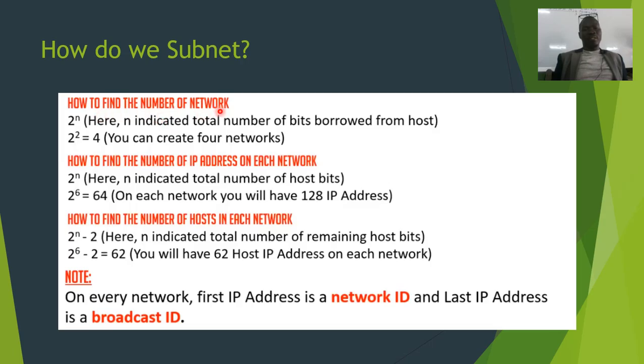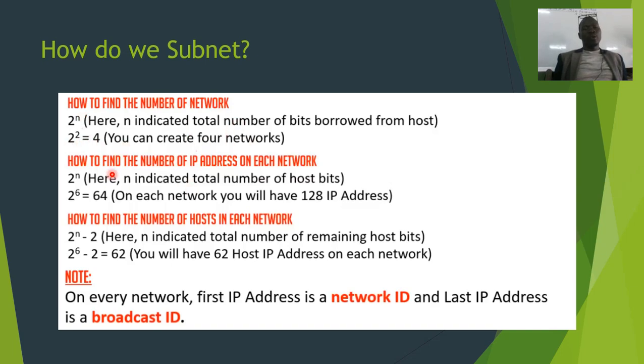To find the number of networks, we use the formula 2 to the power n, where n represents the number of bits borrowed from the host. Whichever number of bits you've borrowed from the host, you raise 2 to the power of that number. That gives you the number of networks in that given IP address.